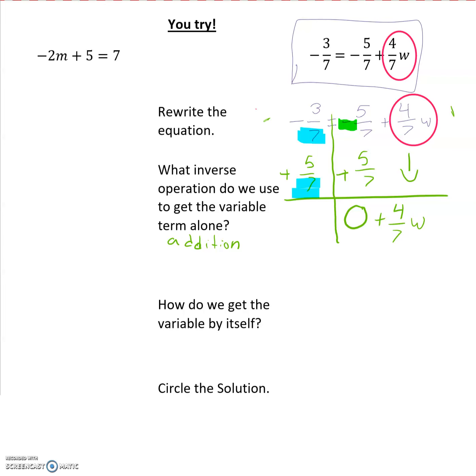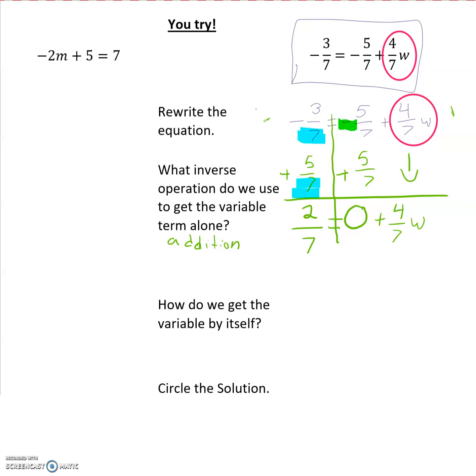I can just look at the top number, our numerator, and say -3 plus 5 equals what? Or 5 minus 3 equals what? So 5 minus 3 or -3 plus 5 equals 2. And our denominator stays the same. So now we have a positive 2/7 equals, make sure we draw that equal sign, 0 plus 4/7 W.